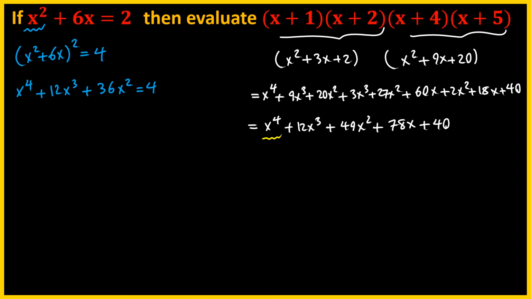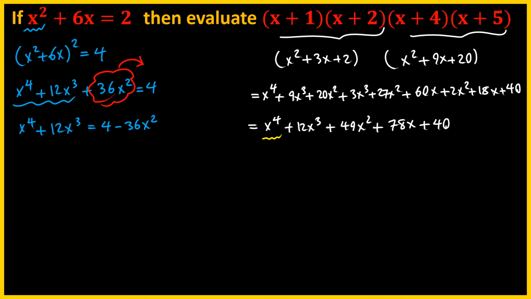And then what I'm going to do is to isolate this expression, x to the fourth plus 12x cubed. So I would need to move this to the right-hand side. And if I do that, I should get x to the fourth plus 12x cubed equals 4 minus 36x squared.